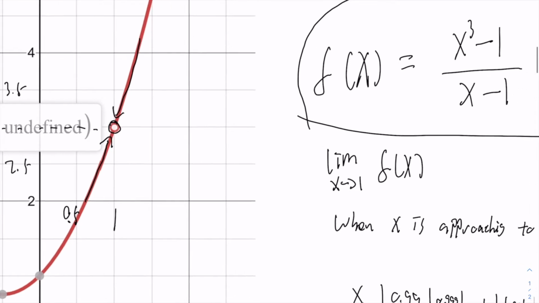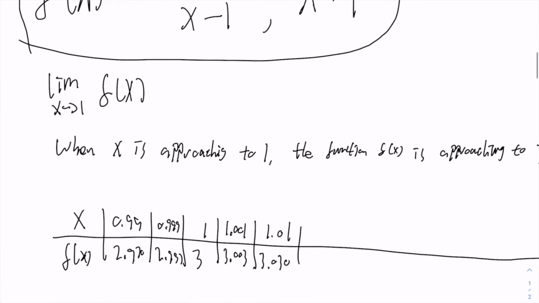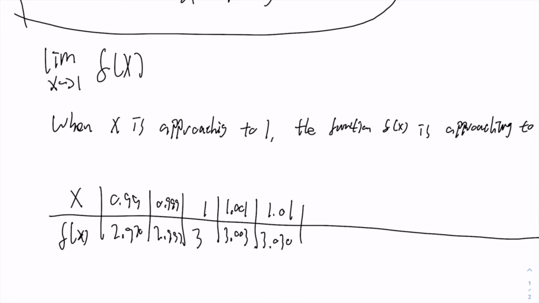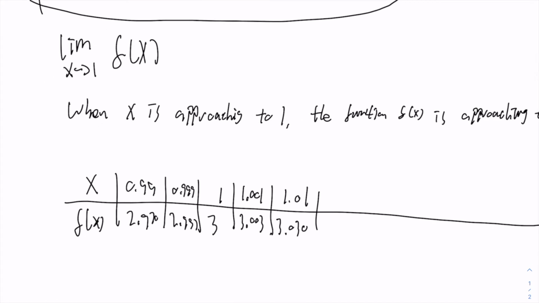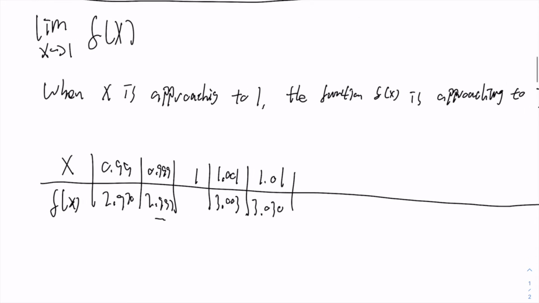And the second way to help you understand this is to use this table. As you can see, when x is equal to 0.99, f of x is 2.97, and when x is 0.999, f of x is 2.997. Let's ignore 1 here first. When x is 1.001, f of x is 3.003, and when x is 1.01, f of x is 3.03.